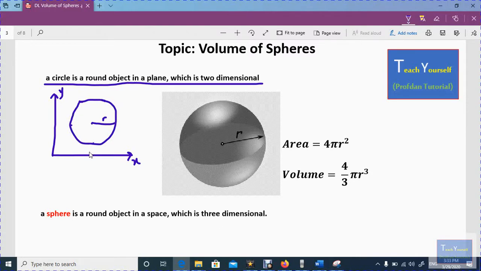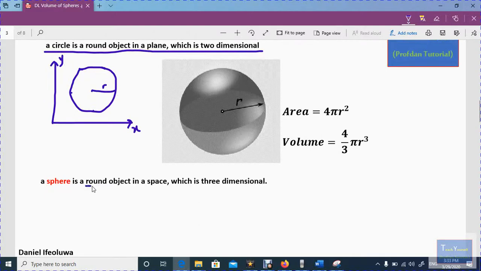But a sphere is also a round object, but this time in a space which is three-dimensional. Here we're talking about having the x-axis, the y-axis, and the z-axis.